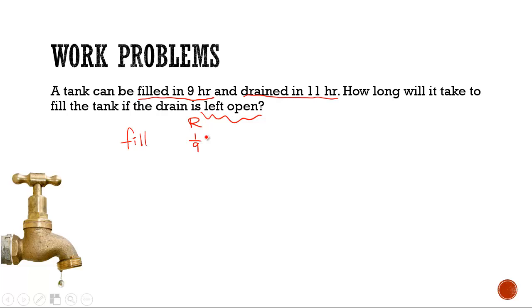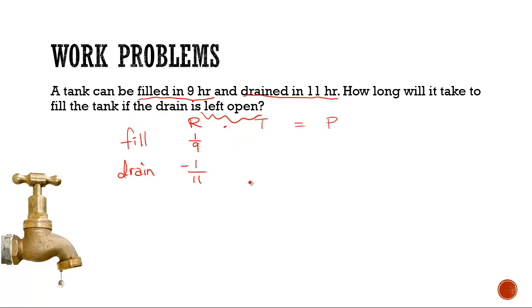In 1 hour, it would complete 1/9 of the tank. The drainer completes 1/11 of its job, but its job is to minus the water away. So, and then we have our time and our part of job completed.